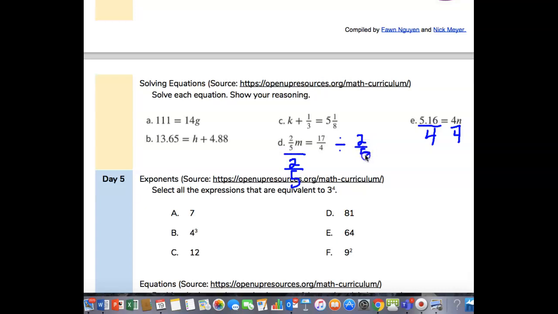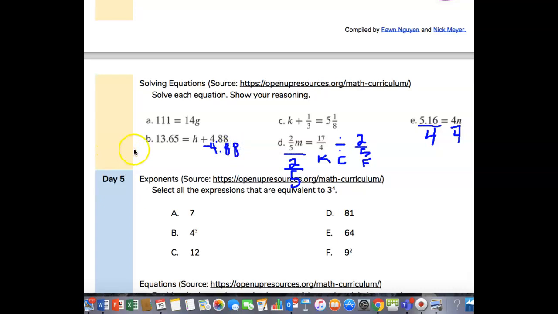Now, remember division's different than multiplication. It's keep, change, and then flip, and then multiply across. And then this one is adding, so to get rid of this and to get h by itself, you're going to subtract .88.